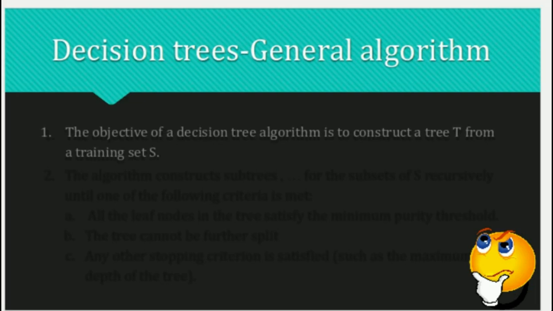In general, the objective of the decision tree algorithm is to construct a tree T from the training set S. When all the records in training set S belong to a single class C, for example income high, and S is satisfactorily pure, that is more than a preset threshold, then that node is assumed to be a leaf node and label C is assigned to it.